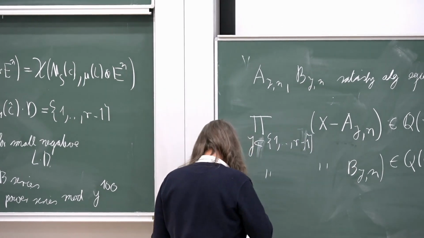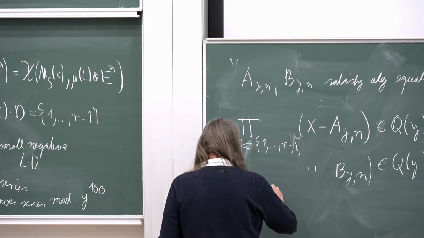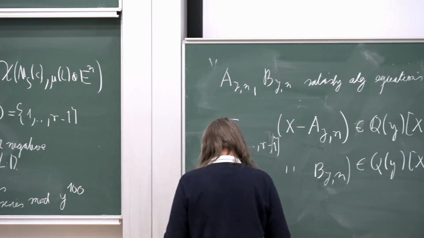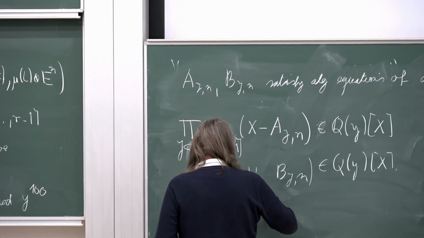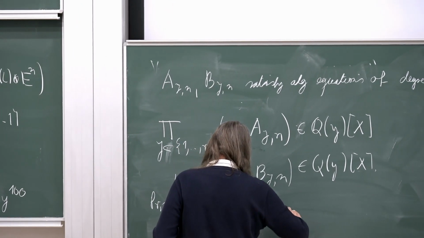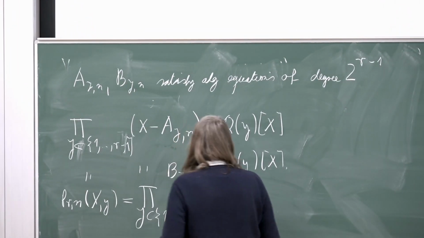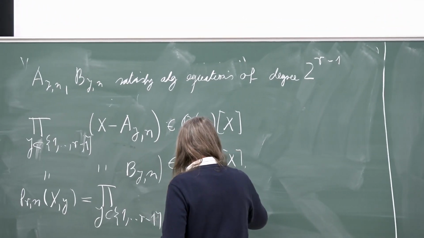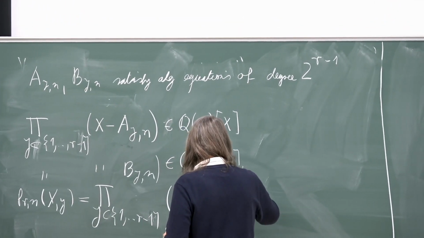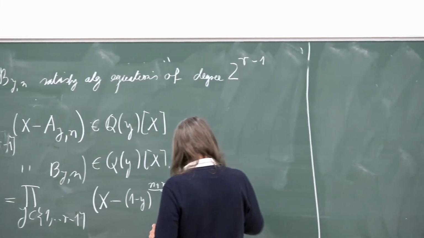So what we have is, if we write Prn of xy to be almost this polynomial, and we have now not precisely this, but 1 minus y to the n plus r minus 1 divided by 2. And then the same thing.